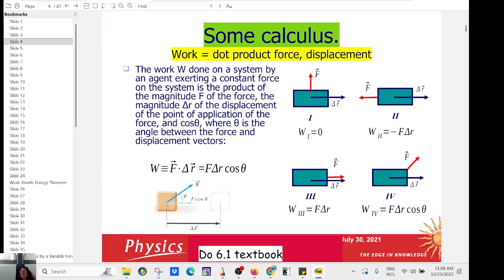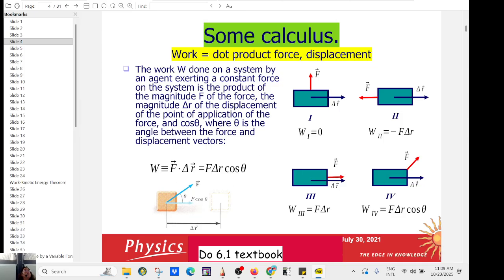In this one the cosine equals 1, so the work is positive and it is the maximum work you can harvest from the force applied. If it makes an angle, you have to use the cosine because the force has two components. The perpendicular one doesn't do any work, only the parallel one does. So that's the concept. To express those concepts mathematically, we need a tool.